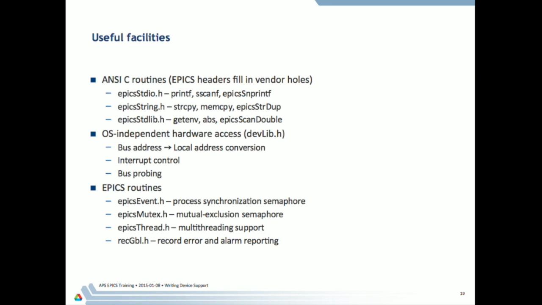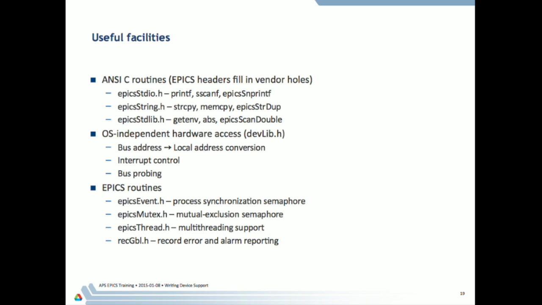Device support is going to want to use various facilities to talk to hardware and so on within an IOC. So you've got your regular ANSI routines. We have some EPICS versions of some of those to standardize things where not all operating systems are quite the same.